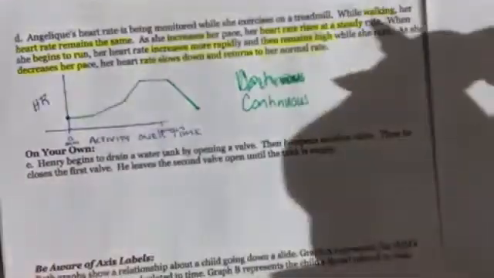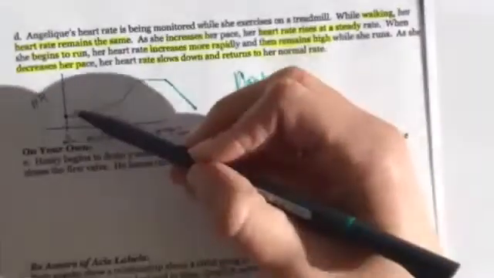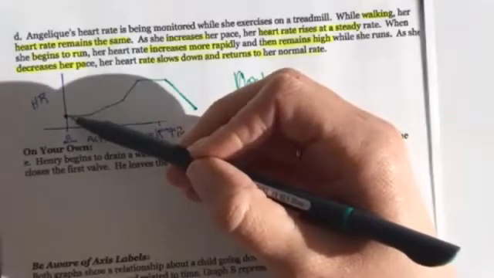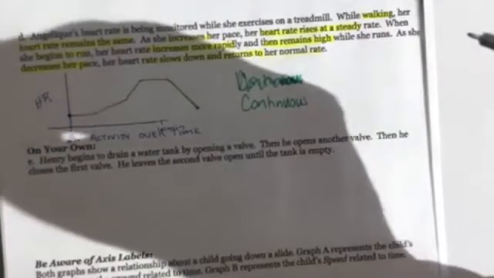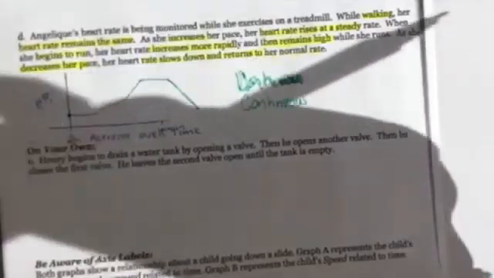Okay, so it's continuous because I didn't record exactly how fast her heart rate was going at every second. I just assume that between this measurement and this measurement, that's what her heart rate was somewhere in between.